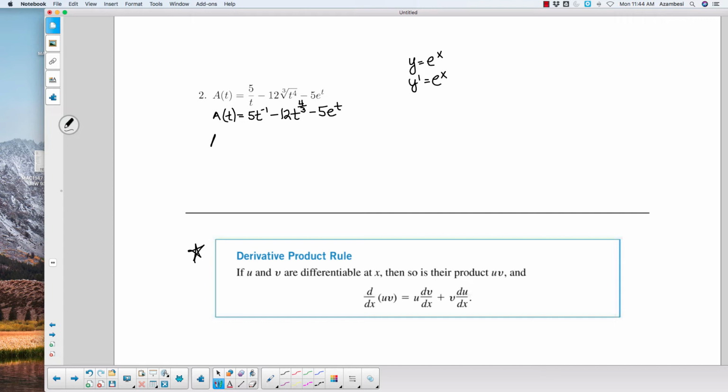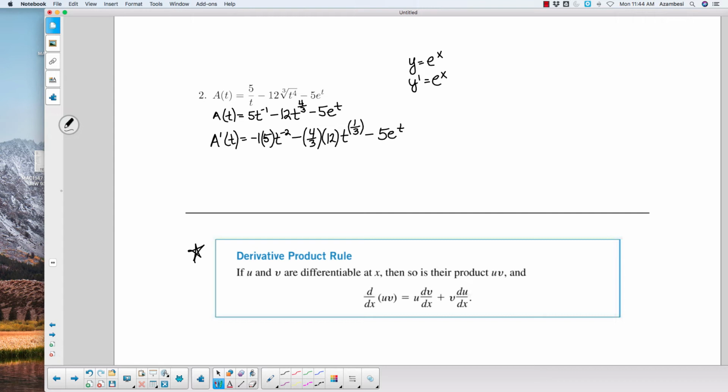So a prime of t is equal to negative 1 times positive 5 t to the negative 2 minus 4/3, so that comes down, times 12 t. 4/3 minus 3/3 gives me t to the 1/3 power, and minus 5 e to the t, because the derivative of e to the t is e to the t.